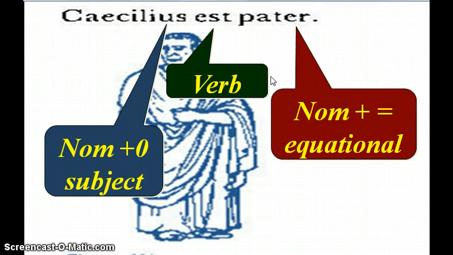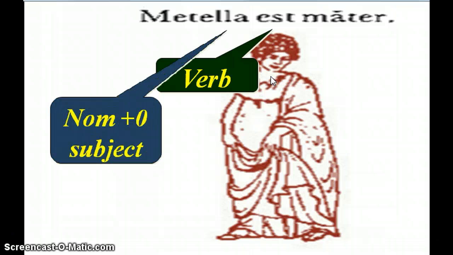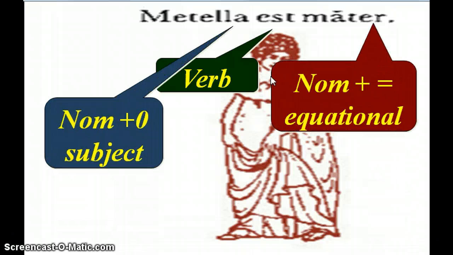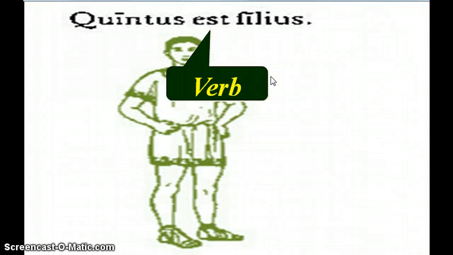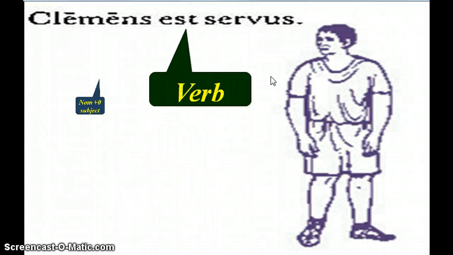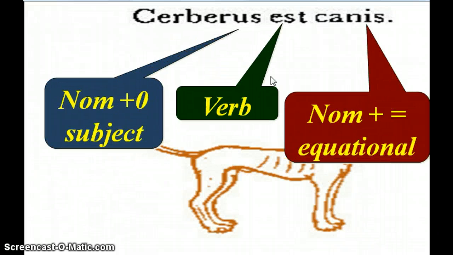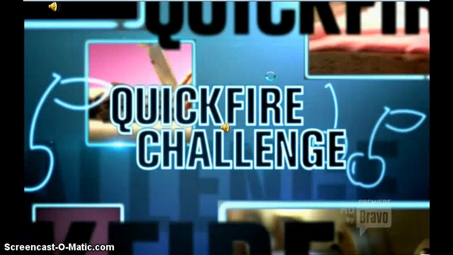Just because a penguin has wings doesn't mean it flies. Well, that's complicated. I don't even know why I went there. Must be thinking about penguins. There's your verb is, there's your subject, there's your equation. Always go to the verb first. It makes it much easier. And there you go. So you have your subject, your verb, and your equation.